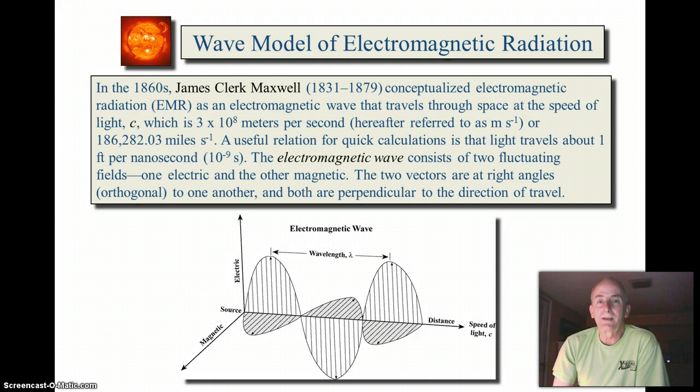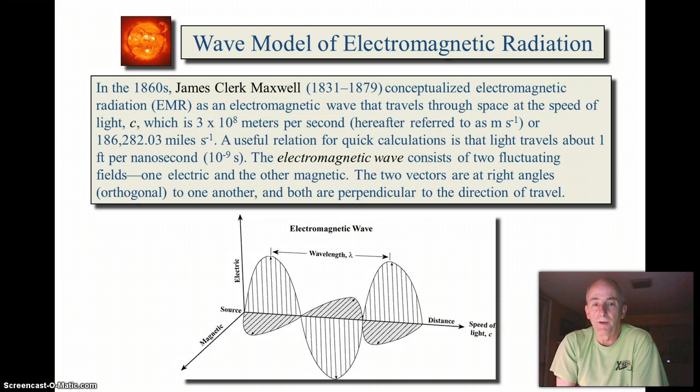Again, in remote sensing, we do use the wave model of electromagnetic radiation. It is electromagnetic because it's theorized as a set of two fluctuating waves that are normal to one another.